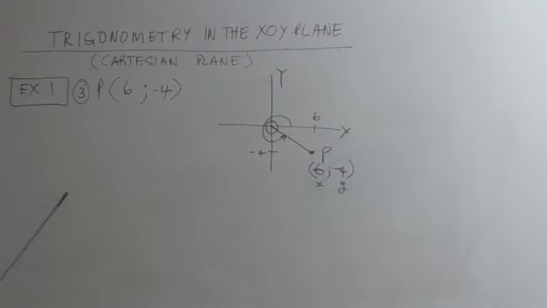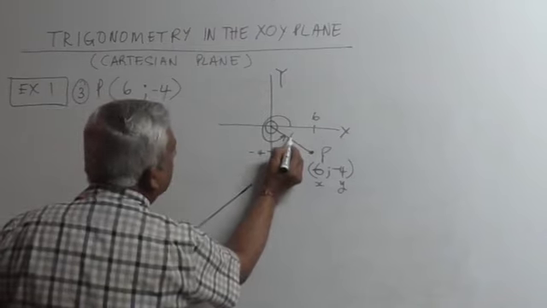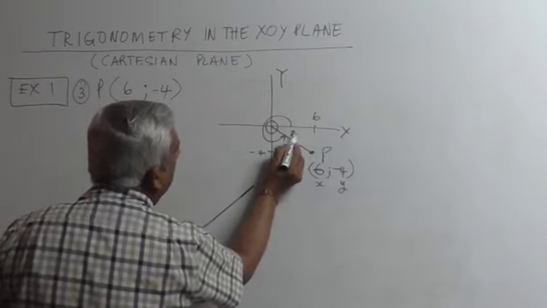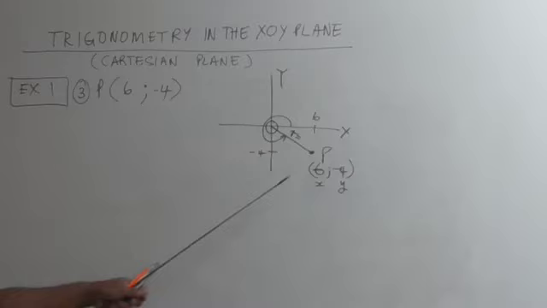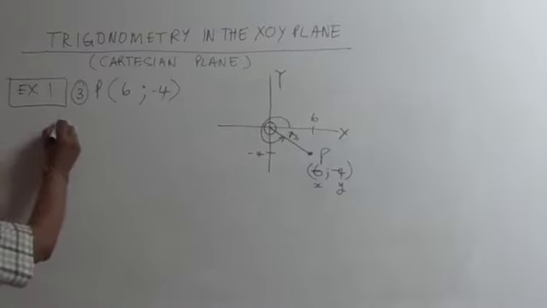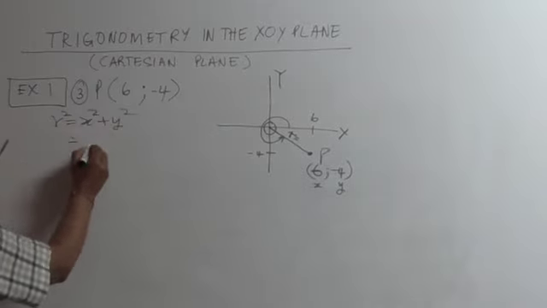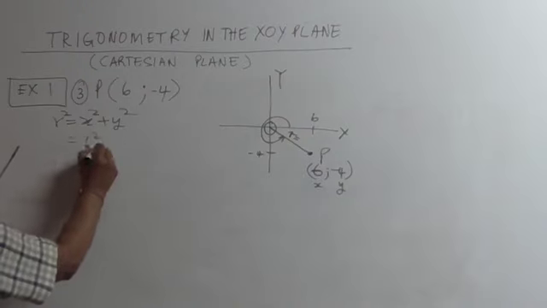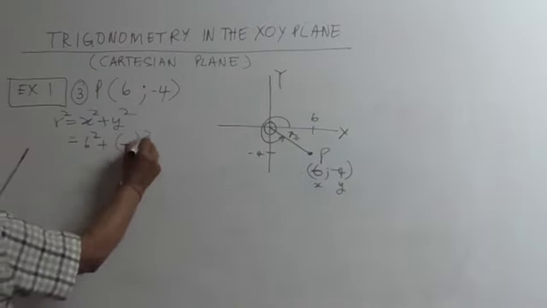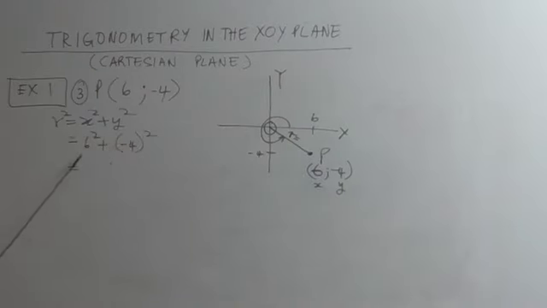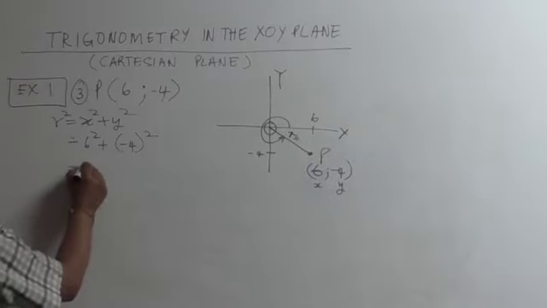Once again, we don't know what r is, so we have to calculate r. We've got the x, we've got the y, we don't know the r. R squared is equal to x squared plus y squared, which is equal to 6 squared plus negative 4 squared. That will give you 36 plus 16, which is 52.